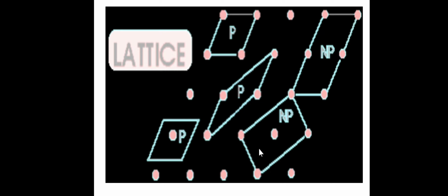You can observe here, apart from the corners, you have one centrally located atom, so there is more than one lattice point. So this is non-primitive. And apart from corner atoms, again you have adjoining atoms here. So this is non-primitive, right? So a primitive cell contains only one lattice point per unit cell.